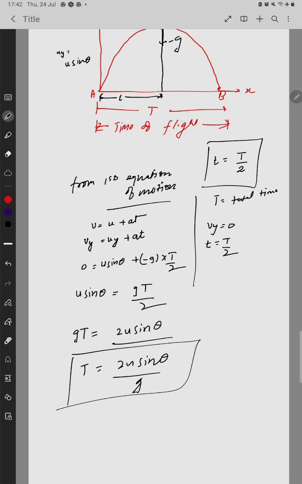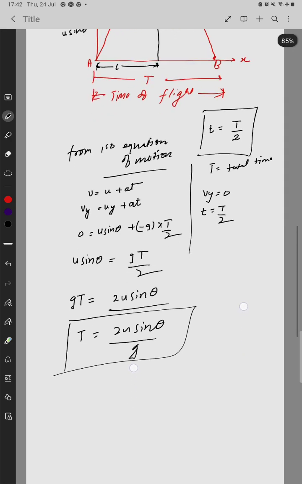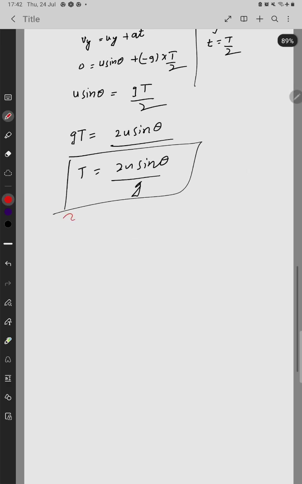Now we can calculate the maximum height in the same way. Maximum height of projectile.